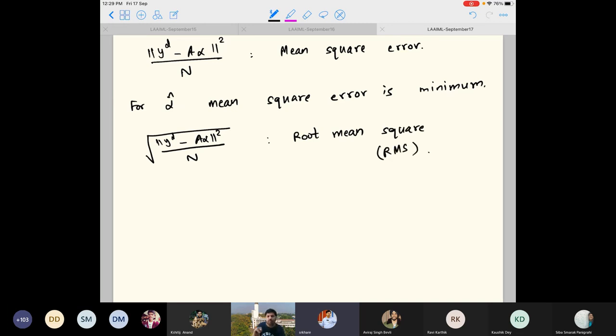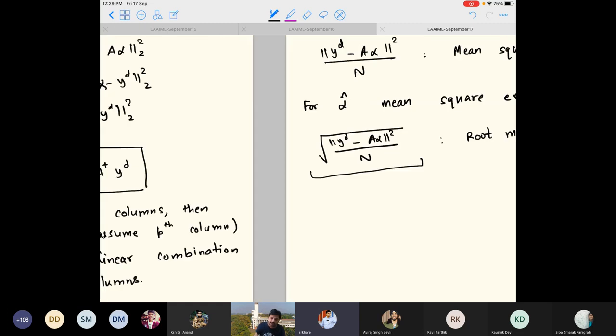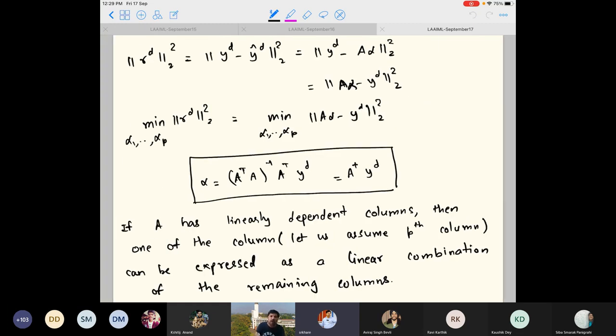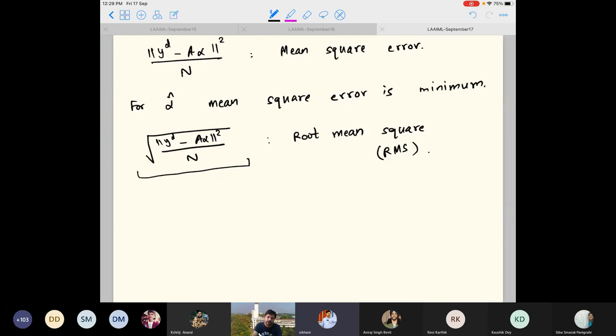Typically people would like to say we want to minimize the root mean square error. So this is the function of rd that you are really trying to minimize. The function of rd that we looked at in least squares is rd squared, the two norm. Basically that is the same as looking at mean square error, or root mean square error.